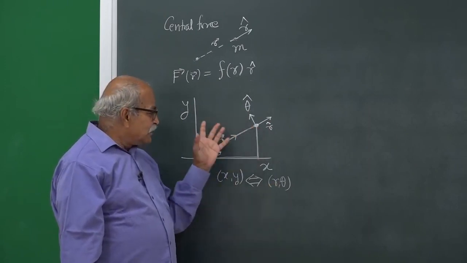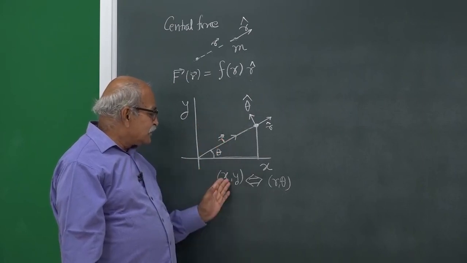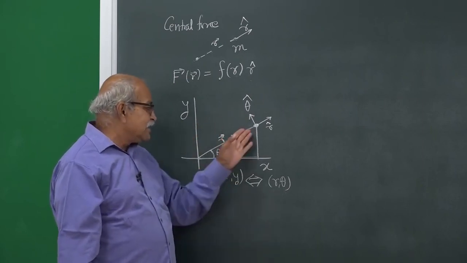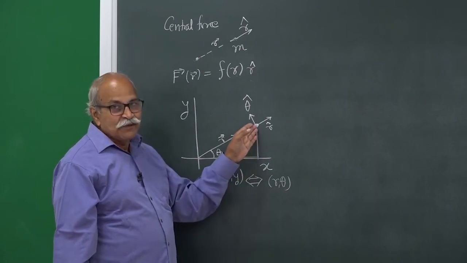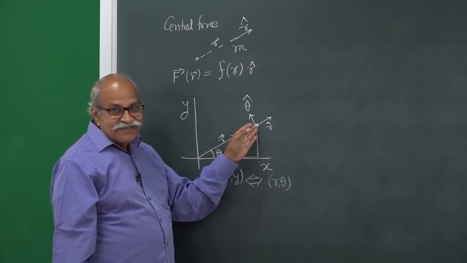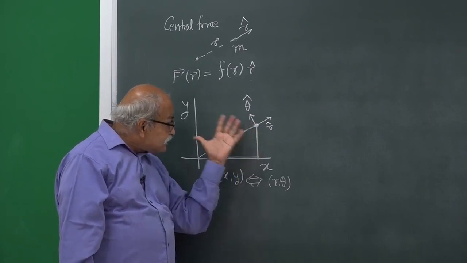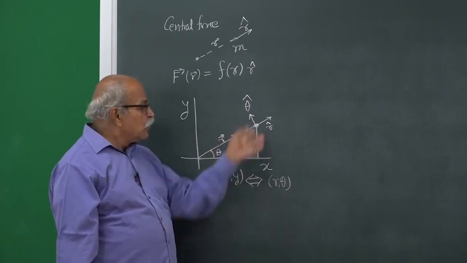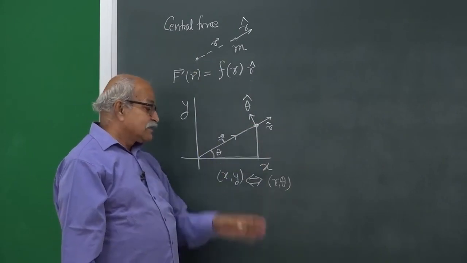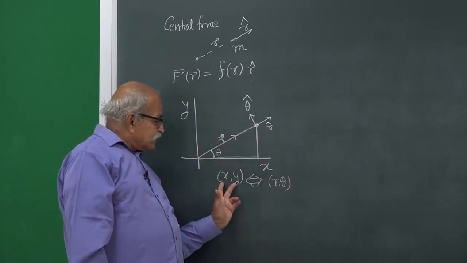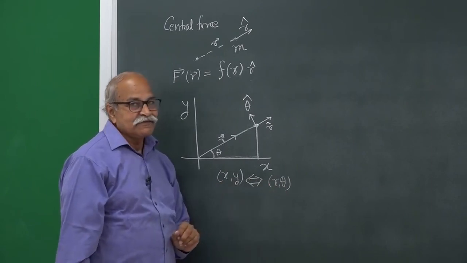If I know that it is in the xy plane, give me x, give me y, I know that here is x, here is y, and this should be the particle. But if it leaves this xy plane and moves in 3-dimensional space, z is also there, then neither this is sufficient nor that is sufficient.